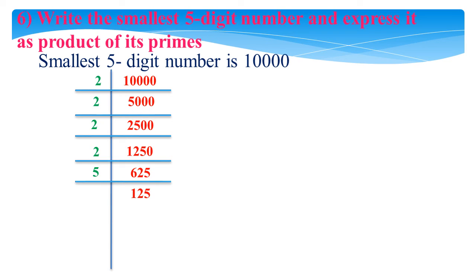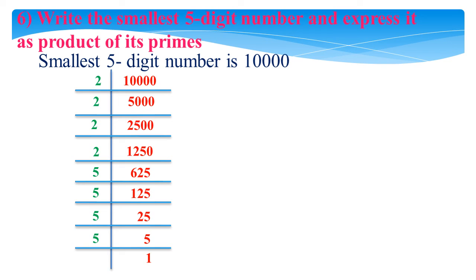So 125 is also divisible by 5. 125 divided by 5 we get 25. 25 is also divisible by 5. So we get 5. Again it is divisible by 5. 5 divided by 5 we get 1.